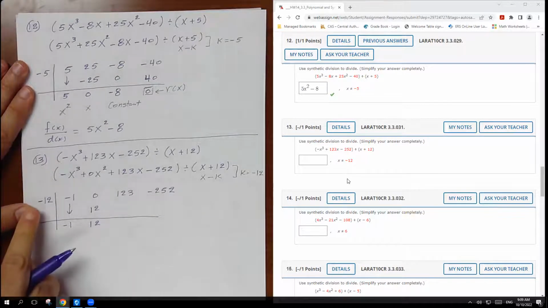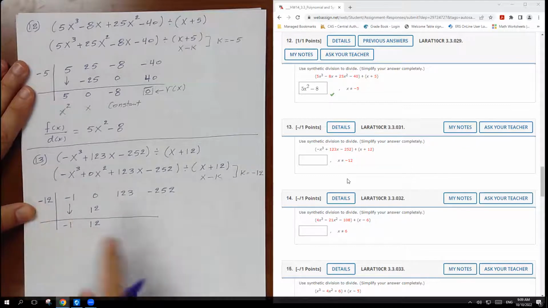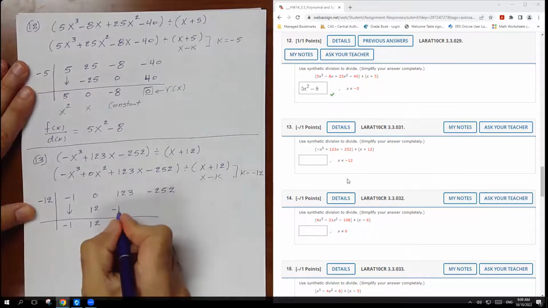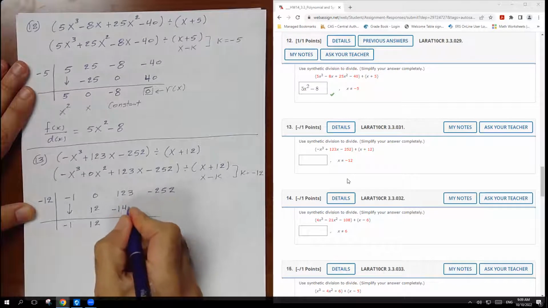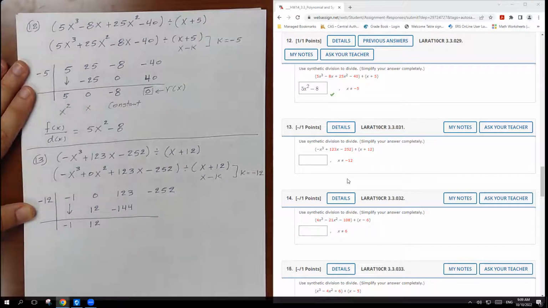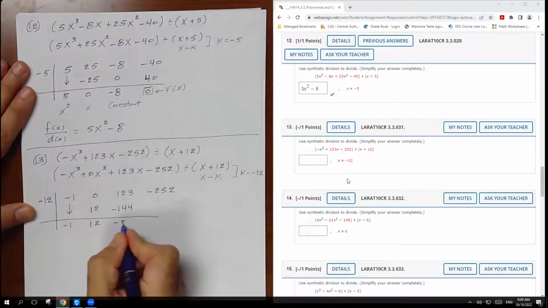Let's multiply again. Negative 12 times 12 is going to be negative 144. Now add these together. It's going to be negative 21. So here is negative 21.